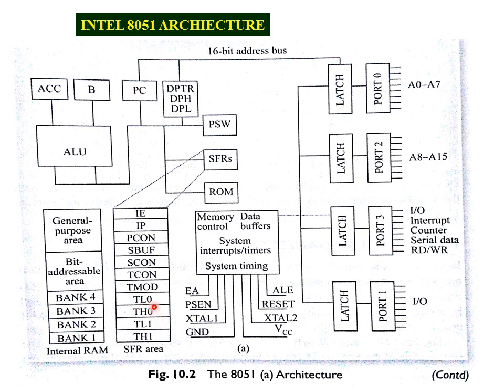TL0, timer lower order, TH0, timer higher order, TL1, timer lower order, TH1, timer higher order. Two registers for each timer, lower order bits and higher order bits. These are the special function registers, specially to control the total 8051 architecture.